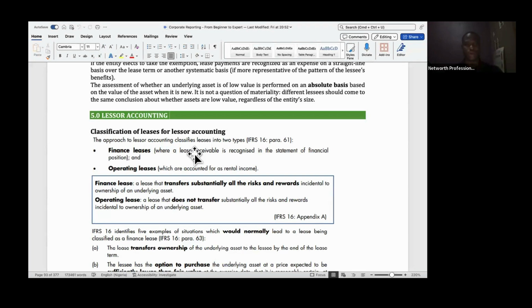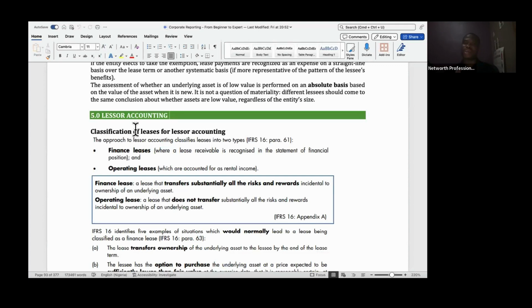Now, for the lessor, for the landlord, IFRS 16 allows him to still classify the lease. And he needs to first understand what type of lease he is entering into, because really, two things can happen when you are renting out your assets.